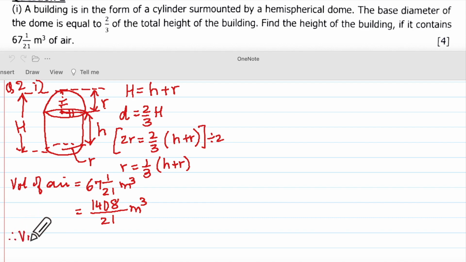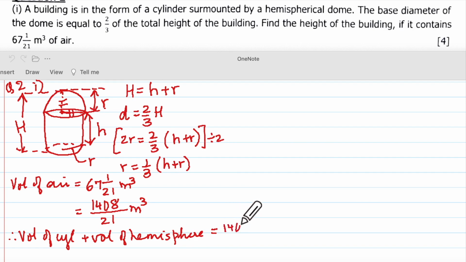Yes, sir. So therefore volume of cylinder plus volume of hemisphere is equal to 1408 upon 21. Agreeable? They are saying find the height of the building. Height of the building means capital H you have to find, right? So this is our question.